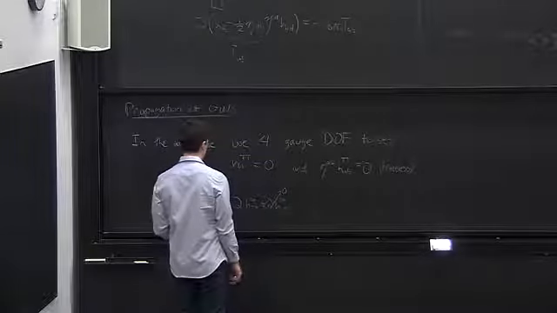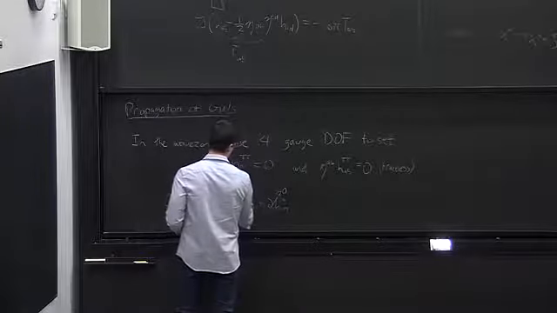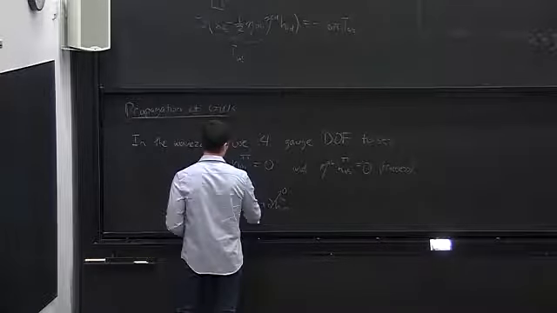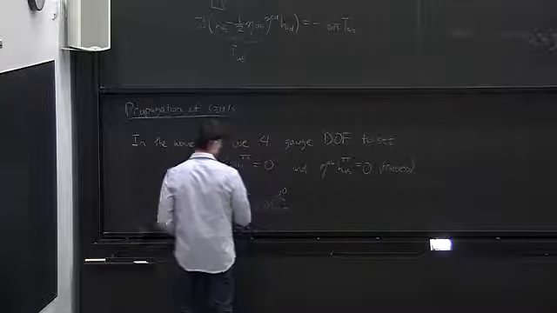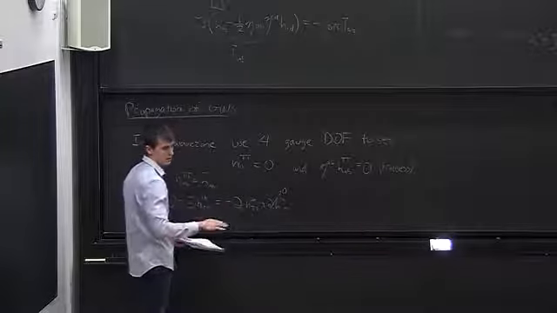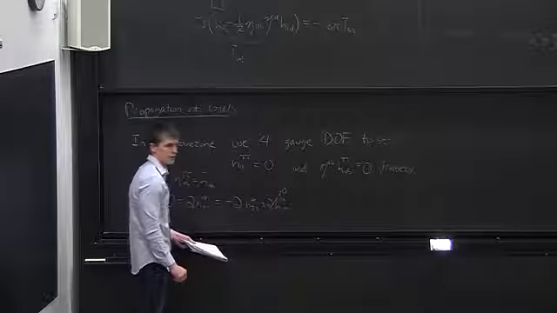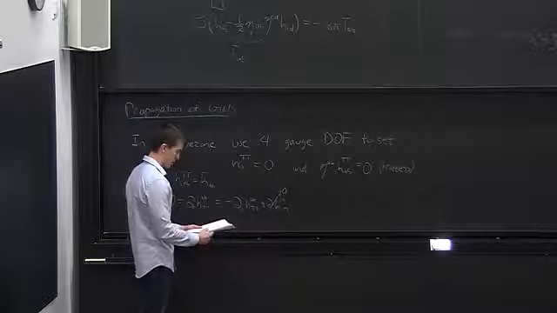And then we can just choose h00 to be 0 initially at t equals 0, and then it'll remain 0 for all time.